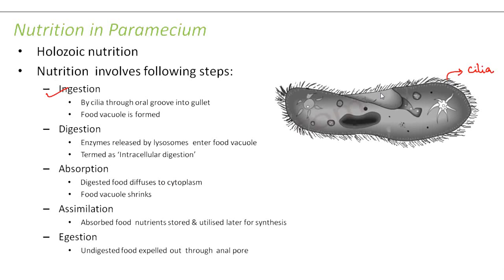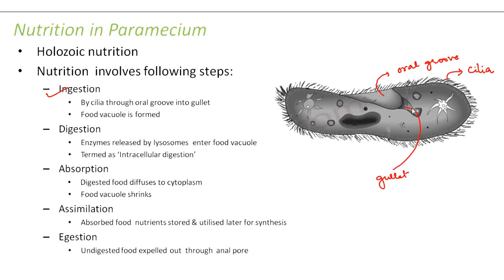This is the oral groove. And what is the gullet? This is the gullet. The oral groove will end into the gullet. So the food is taken from the oral groove, and from the oral groove the food reaches the gullet.